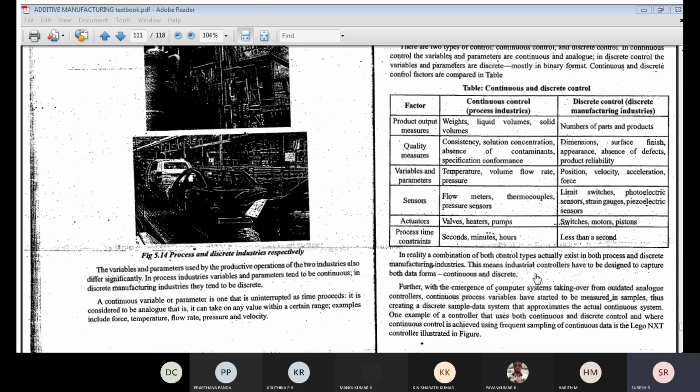Any doubt in these three topics? Kindly answer. Any doubt?